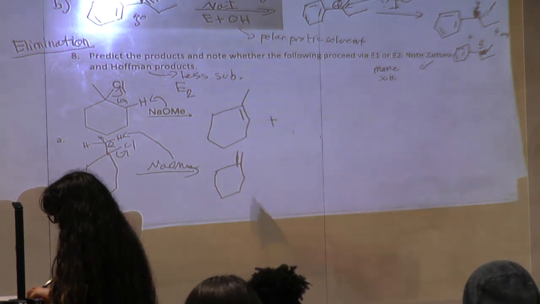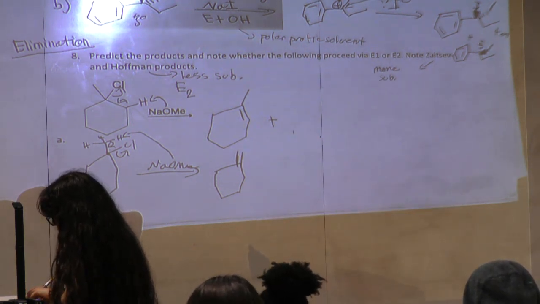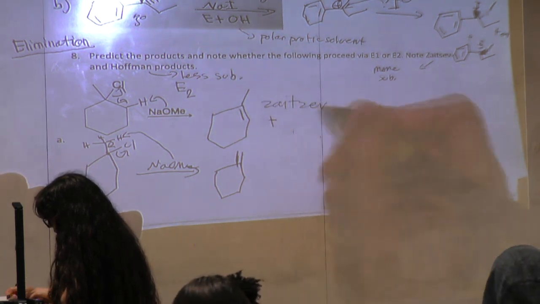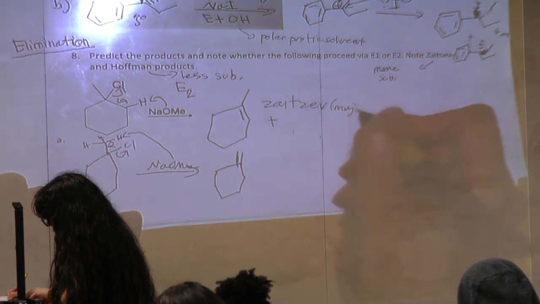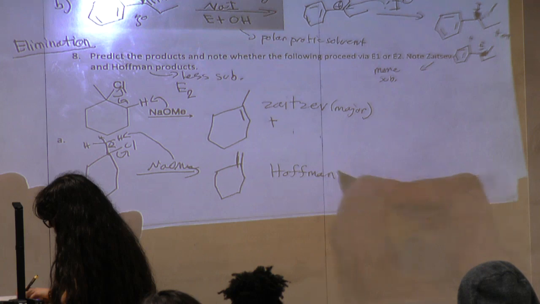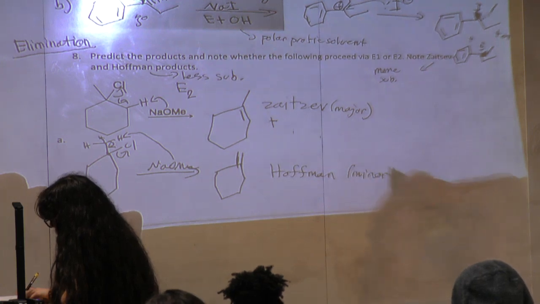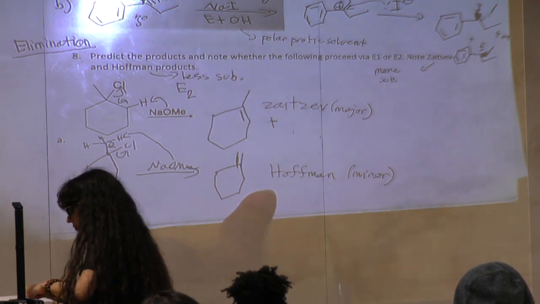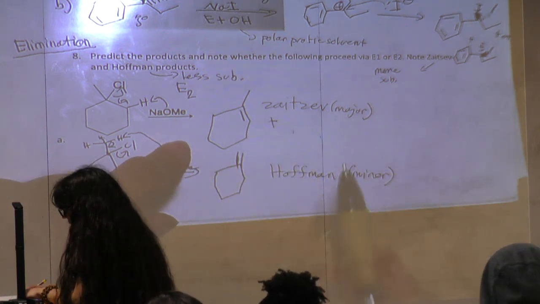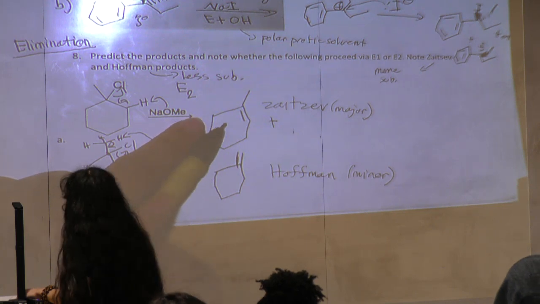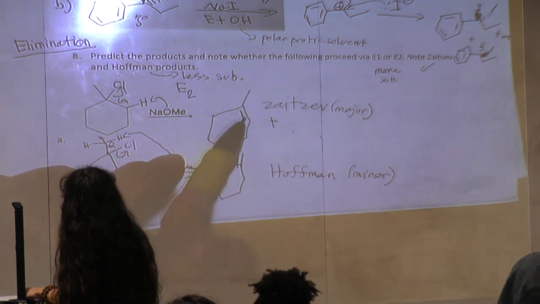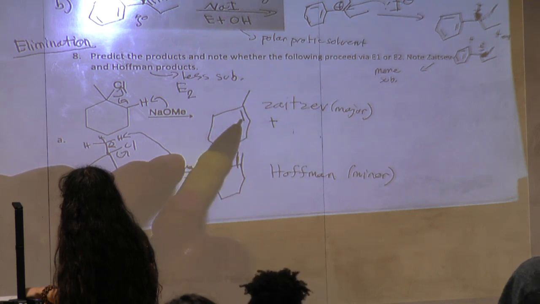What's our Zaitsev and what's our Hoffman? Yeah, perfect. This is our Zaitsev, which in this case is our major product. And that of course leaves this as our Hoffman product, which is our minor product. I talked to Dr. Andrew Fraser before this class, and he told me to note to you thermo and kinetic products. In this case, our Zaitsev is much more stable than the Hoffman because the double bond is in the more substituted area.